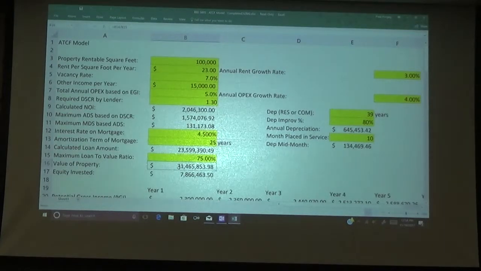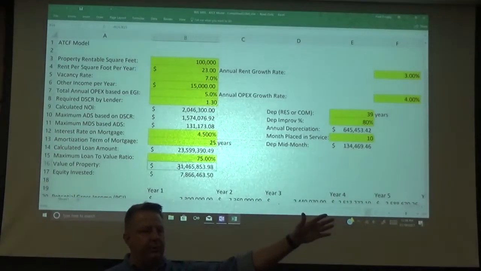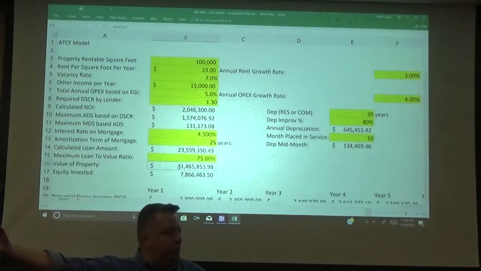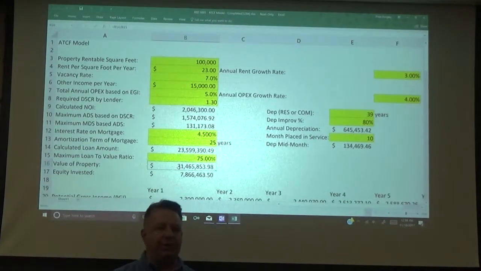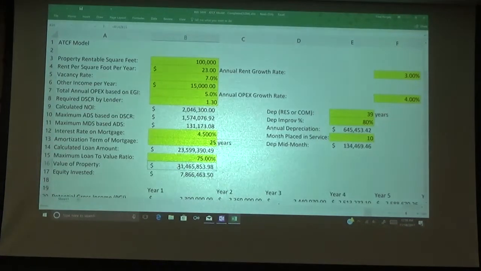Because here's the thing. If you place it into service, let's say January 1st, that's 12 months of depreciation, which is what you think you should be getting, yes? But what if you waited until December 31st to actually buy the property and place it into service? If the IRS didn't have this, what we call the mid-month convention, then you would get a full 12 months worth of depreciation. You'd be gaming the system, if you will.